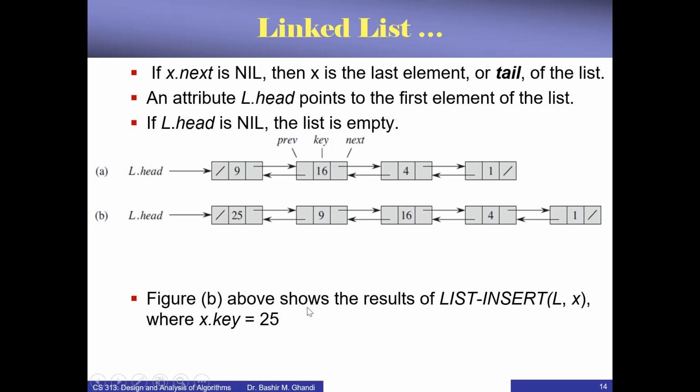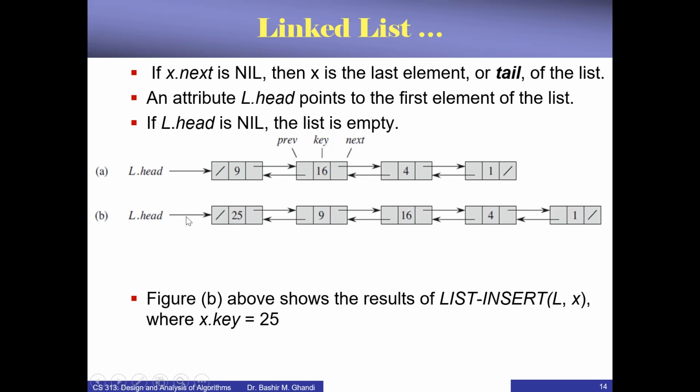Unlike what we used to have in the data structure course, where we insert an element, here actually we are inserting a node. So x here is a complete node. So the actual value, if you are interested in the value, you have to say x.key. So assuming x.key in this case is 25. Alright, so x here is a complete node.